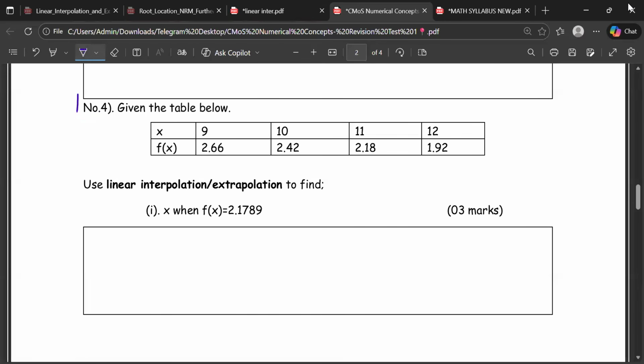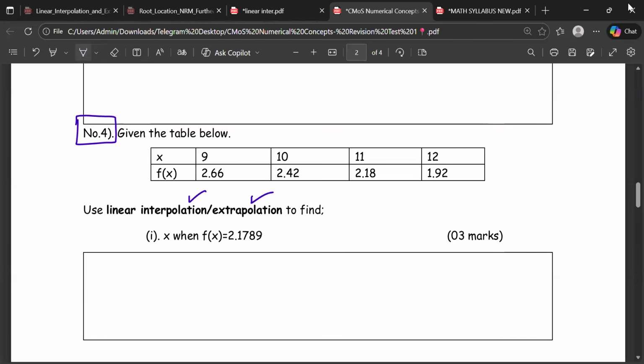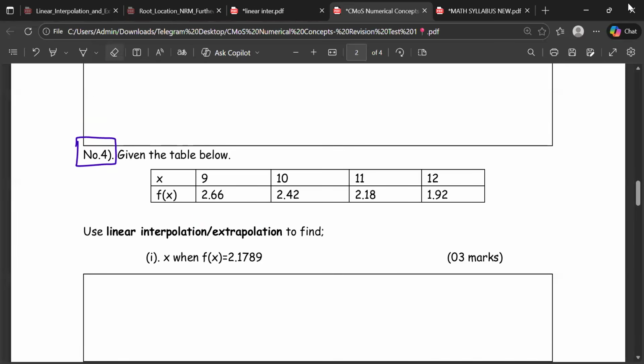This one 4 is now what talks about linear interpolation or extrapolation. This is what I'm going to begin with. Then we shall go to the next thing. So that's the number I want us to first do. Remember, we drew a table which had x values and y values. So this time round, we are having x values and values of f of x.